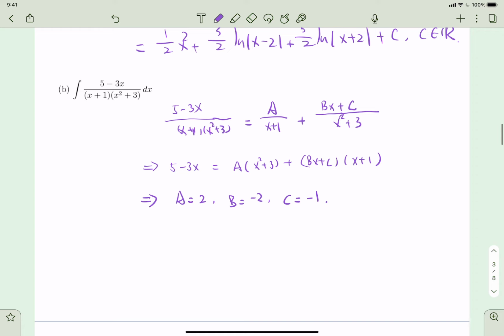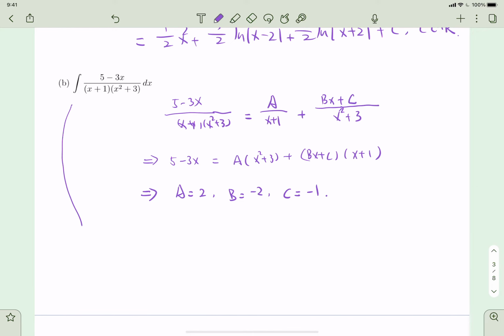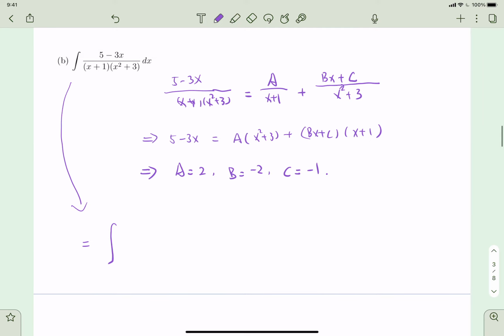Okay. And now we can change this into the integral of 2 divided by x plus 1, right? Plus negative 2x minus 1 divided by x squared plus 3, dx.